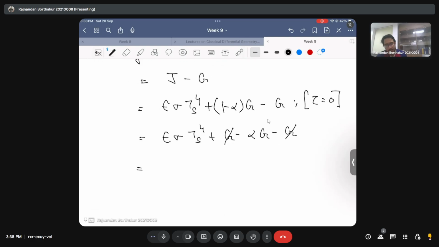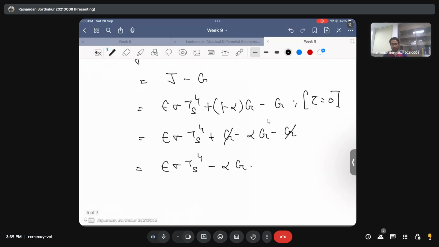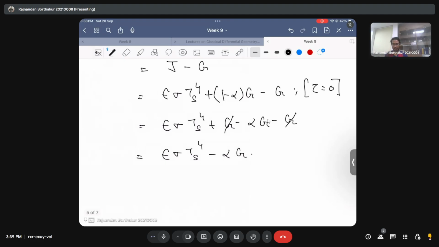So the net radiation exchange, which is denoted as the net radiation flux, is basically equal to epsilon sigma Ts raised to the power 4 minus alpha times G. Okay. So this is the net radiation exchange taking place for any opaque bodies. That is something that you need to understand.